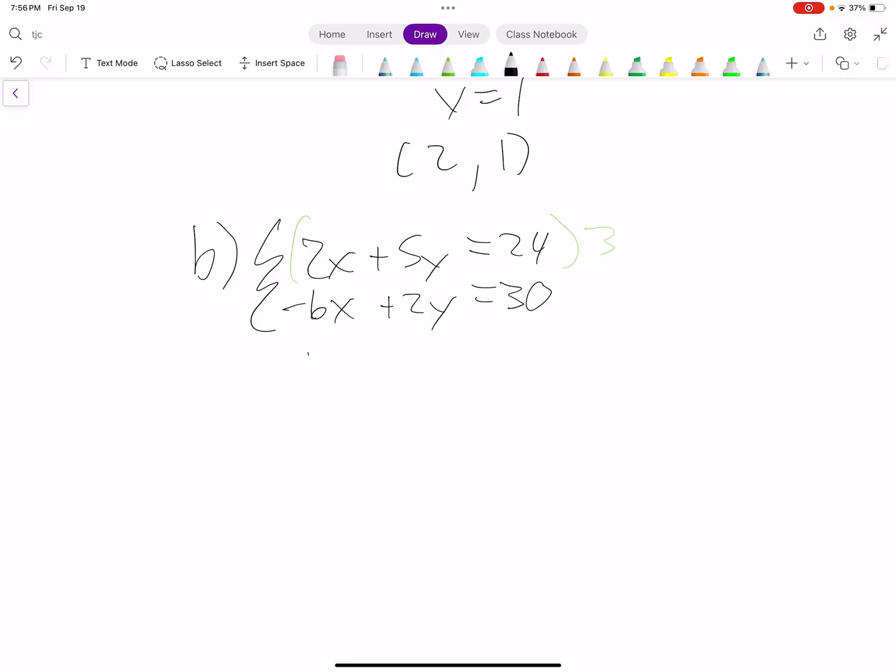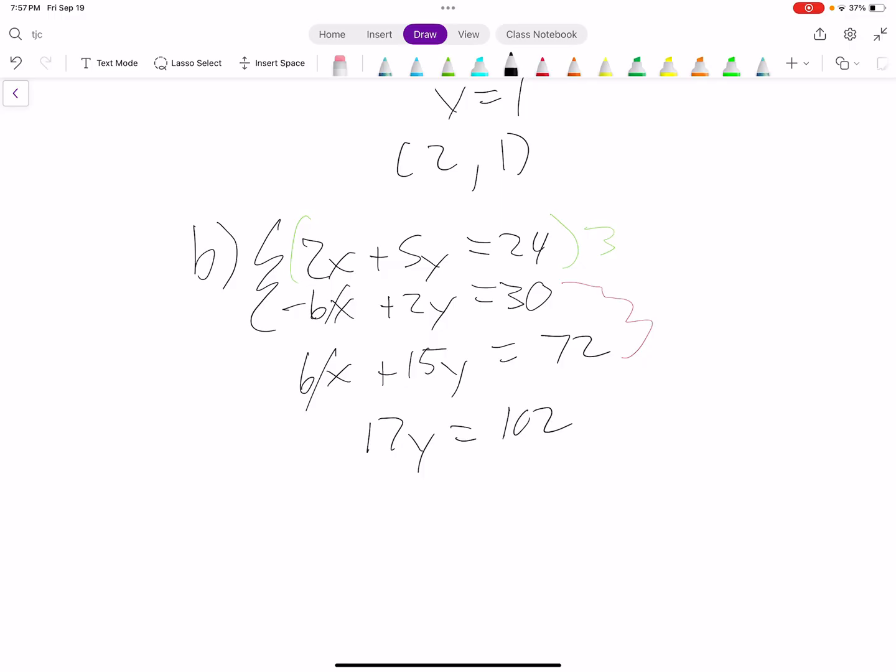So top equation will become 6x plus 15y equals 72. Okay. Then we're going to add the two equations together. What happens is these cancel. The 2y and the 15y become 17y. And then 30 plus 72 is 102.